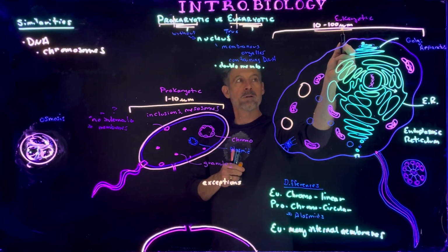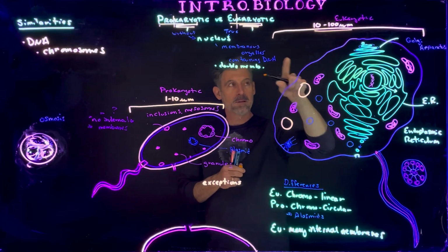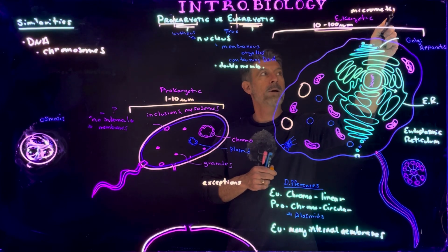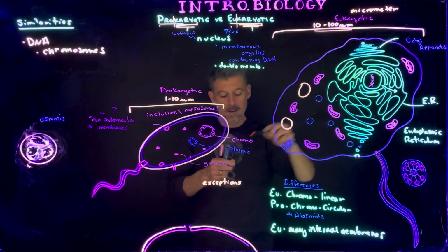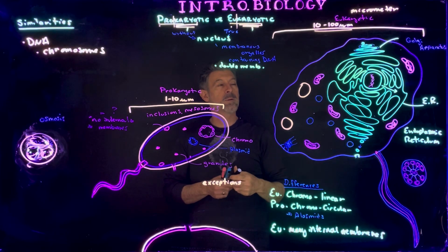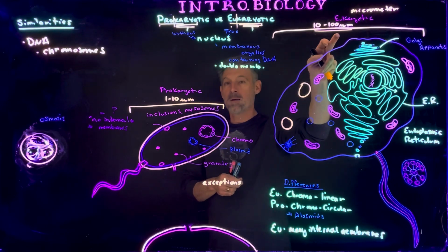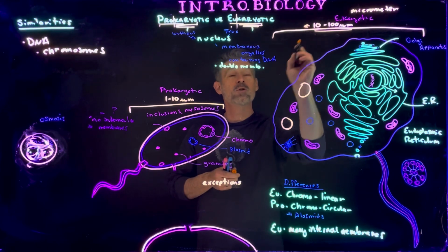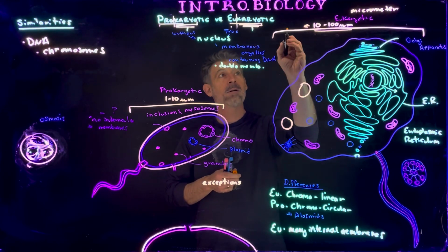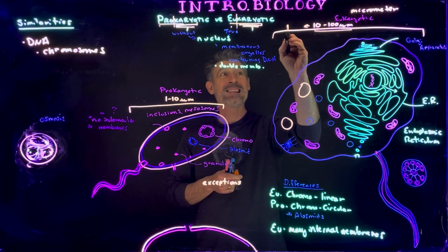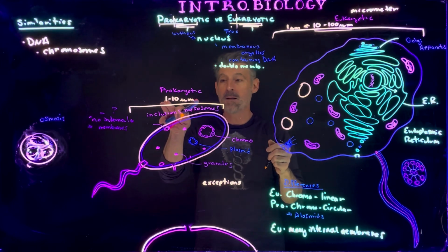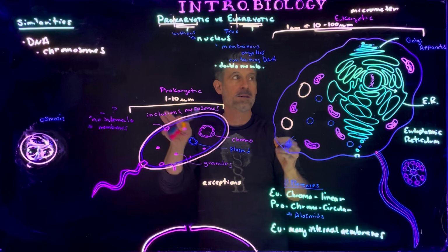This little fancy U, µM, stands for micro, so it's micrometer. So 10 to 100 micrometers, that's an average. We can have super tiny little eukaryotic cells that are just 1 or even less than 1 micrometer in size. That gets us to even the low end range of a prokaryotic cell, so very, very tiny.